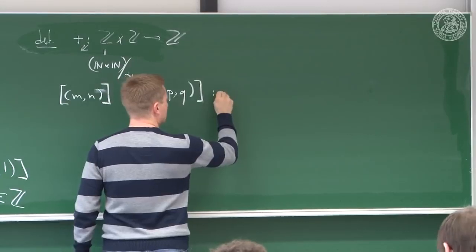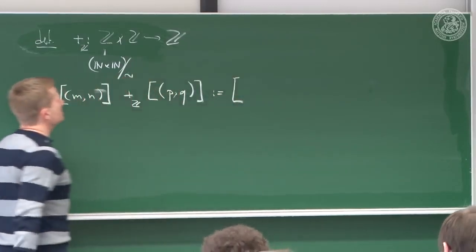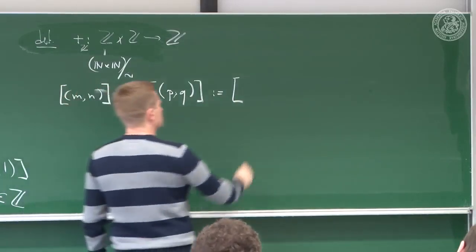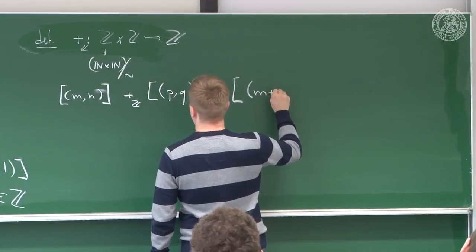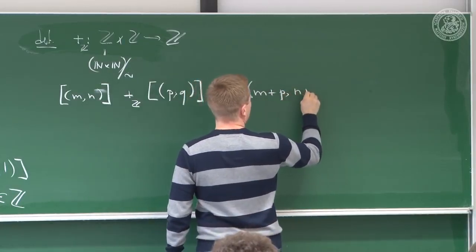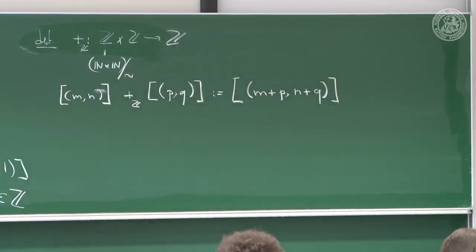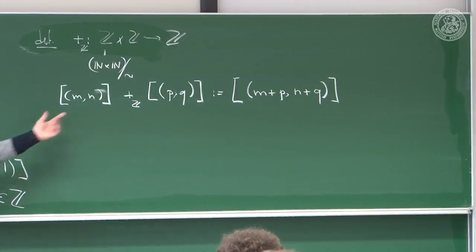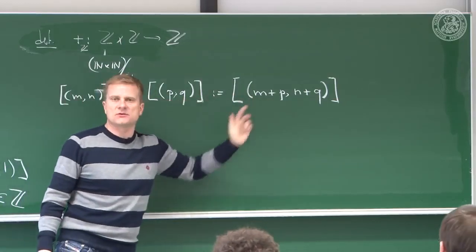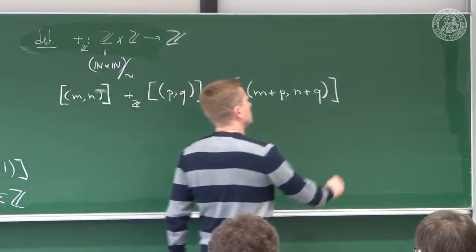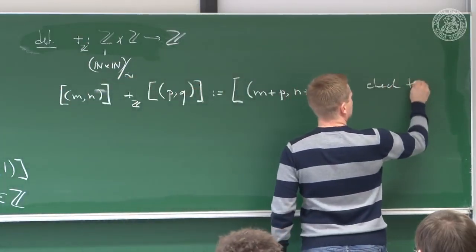And now we need to define this using only the addition on N that we have. And let's be courageous. This is very likely (m plus p, n plus q). This is the addition. We use the representatives to define this operation. So we need to check that this is well defined.